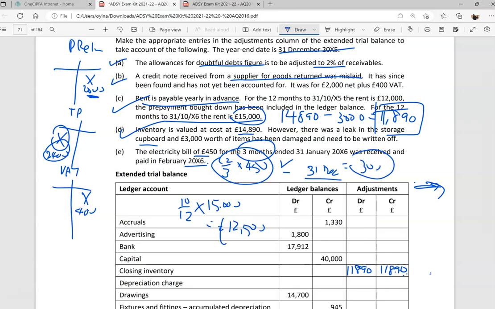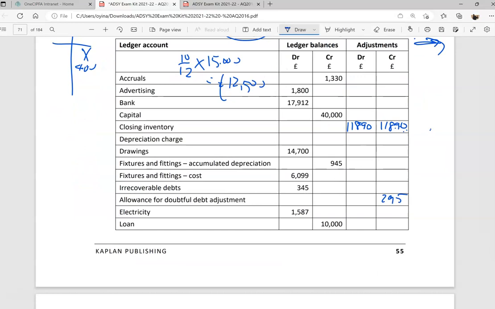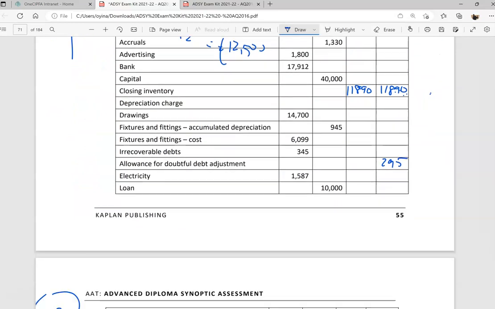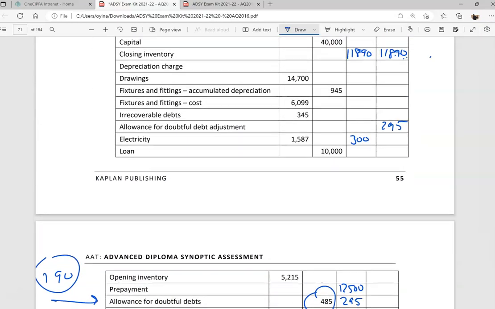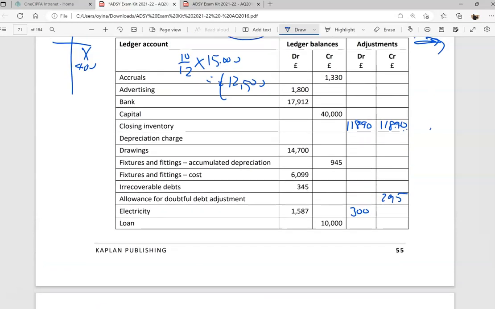So I need to put through an expense of 300 and create an accrual, or add that to an existing accrual. So I find electricity and top that up by 300, and I need to find the accrual for this. Here we are, 300. And that's how you work that.